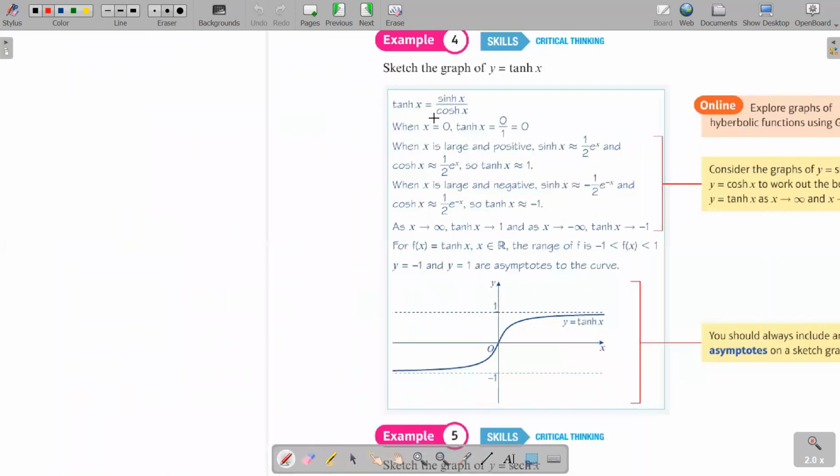So we know tanh is sinh over cosh. And what they've done here is consider when x is 0. So guys, when x is 0, what happens to tanh x? You can even get this from the calculator, or you could simply substitute values into the tanh x equation. Any of the methods are fine. So what was the tanh x equation?